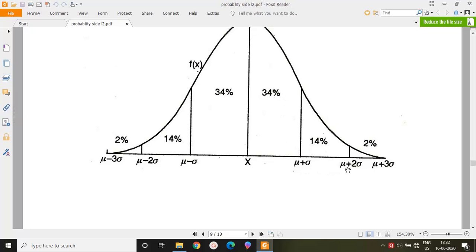When you go to mu plus 2 sigma and mu minus 2 sigma, you will get about 34 plus 14, that is 48, and 48. 96% data will be between mu plus 2 sigma and mu minus 2 sigma. Likewise, you can carry on.